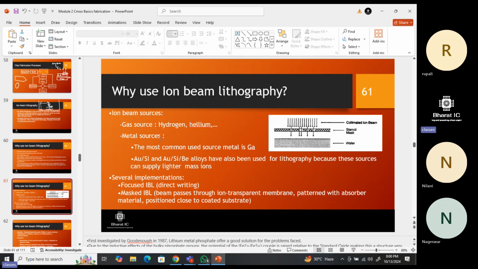Metal source: the most common metal used is gallium, Ga.